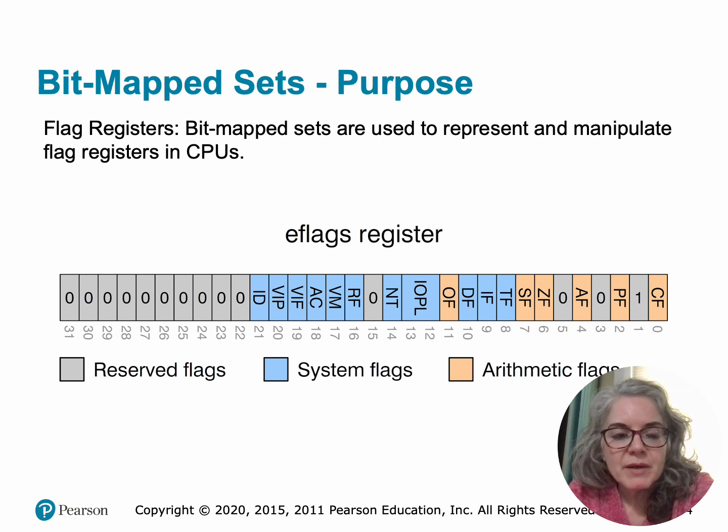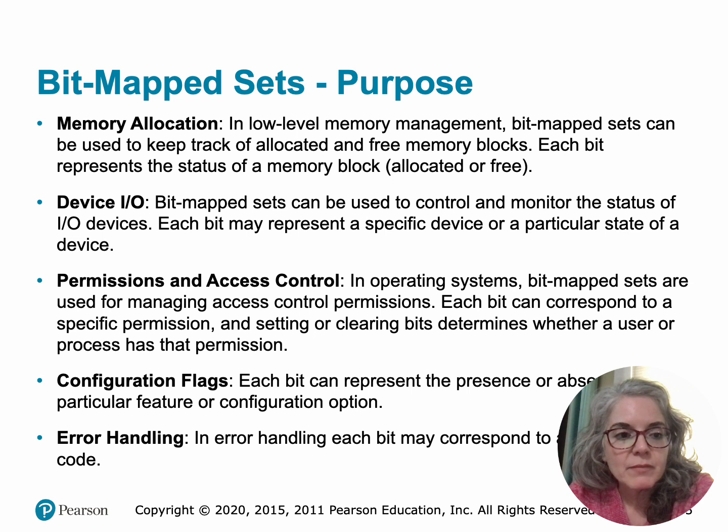And bitmaps can be used for all kinds of things. So let's take a look at, in the next slide, some uses of a bitmap. We can use a bitmap in low-level memory management.